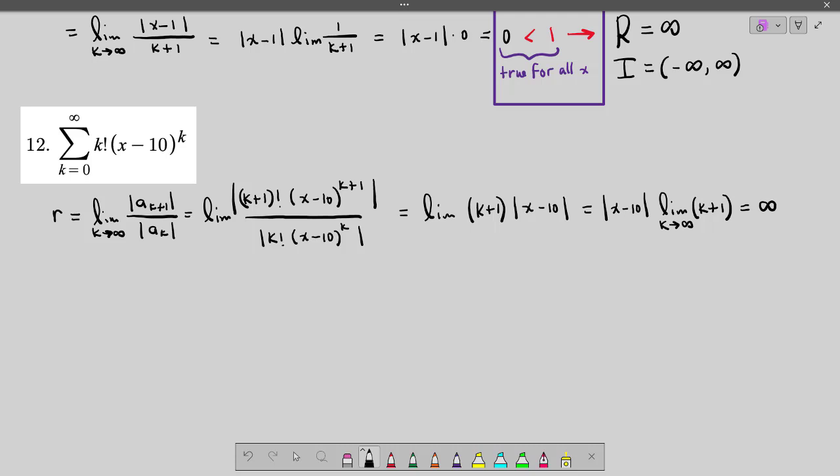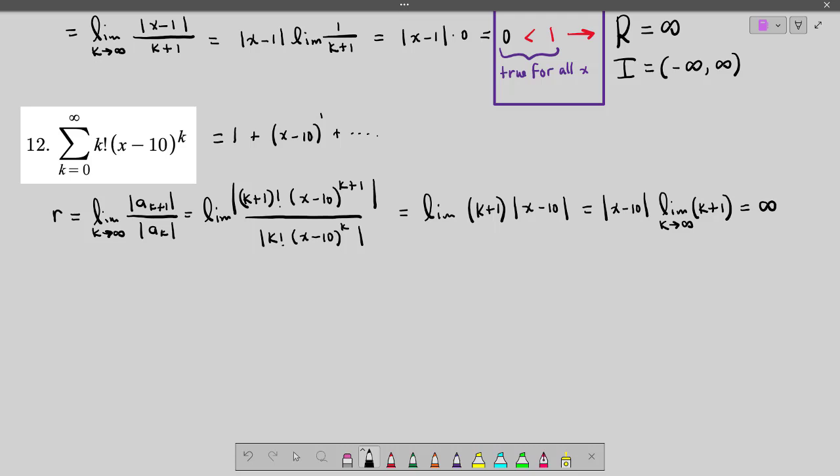There's no x value other than the center for which we will have convergence. There's always convergence at the center. If we were to expand this out and plug in 0 for k, we get 0 factorial, which is 1, and x minus 10 to the 0 is 1. So that's the very first term. The second term, when k is 1, will be 1 factorial, which is 1, times x minus 10 to the 1, plus etc. All of the terms except the very first will be 0 at the center if you plug in 10.